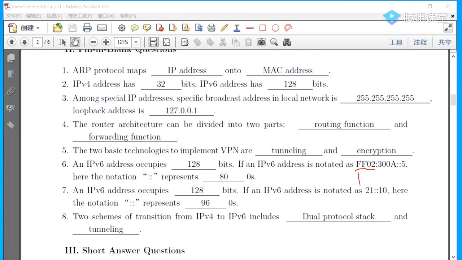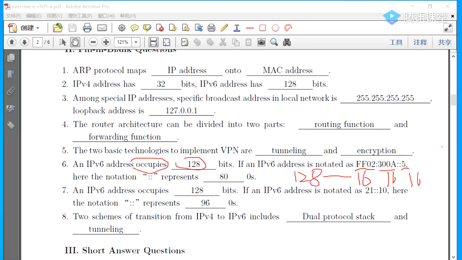This is 16 bits, this is 16 bits, this is 16 bits. But the total length is 128, right?